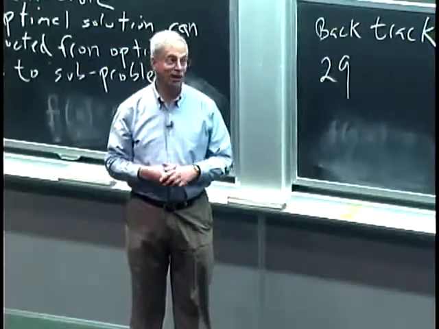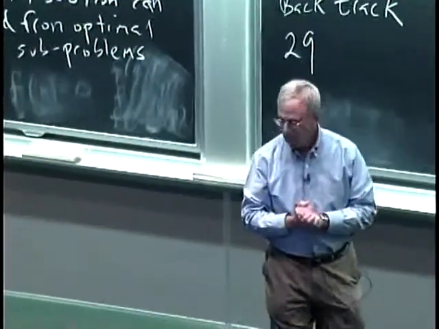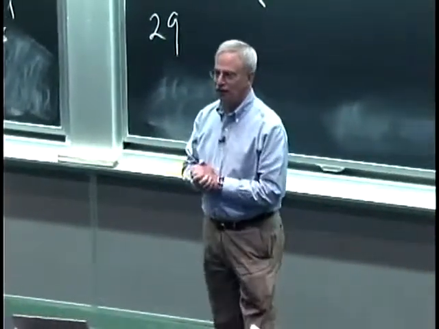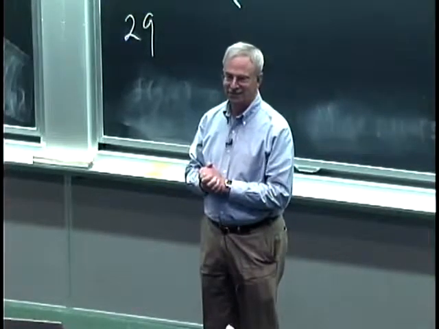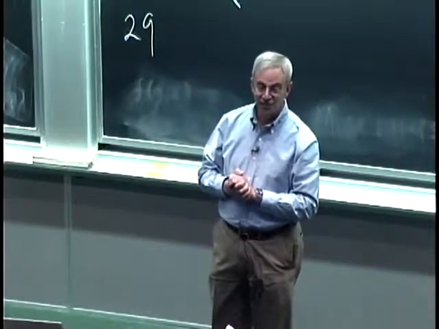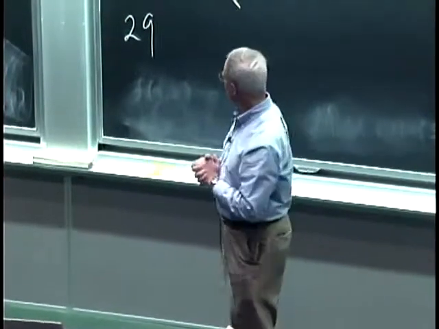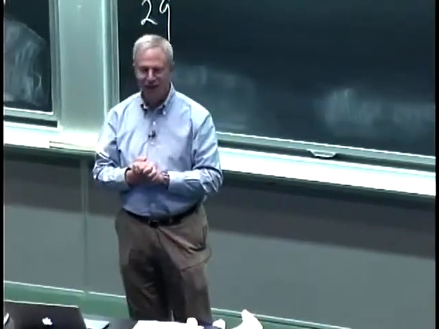The camera probably didn't catch that, but it was a perfect throw. Anyone else think it's 29? Anyone think it's not 29? What do you think it is? 62. Pardon? 62. That would be impressive. All right, well, we have a guess of 62.